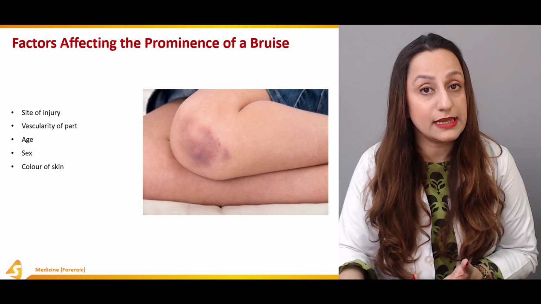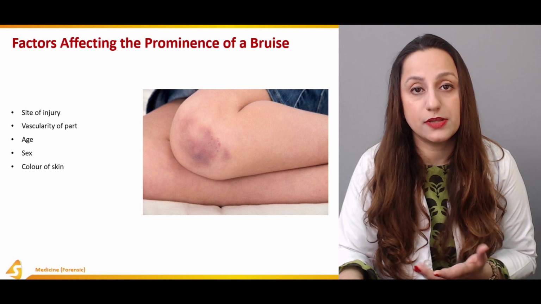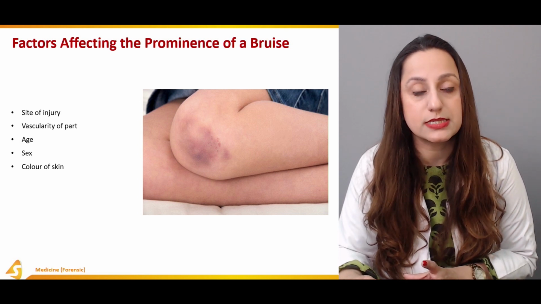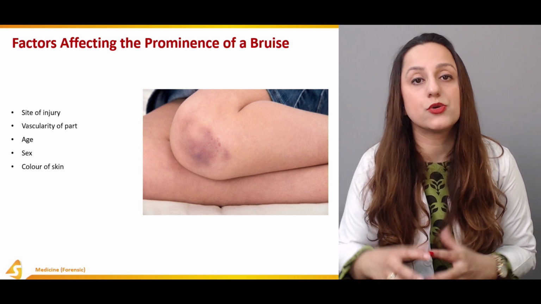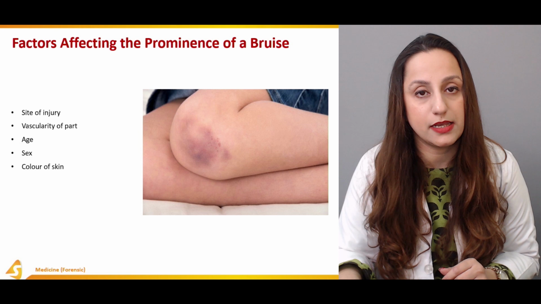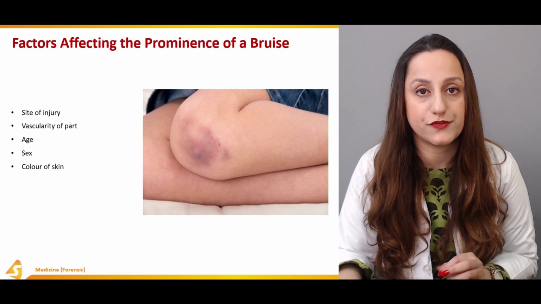The color of the skin: fair people have more prominent bruises. It's not that they are going to bruise more, but it's just that the bruises are more prominent on fairer skin rather than on negroid skin.